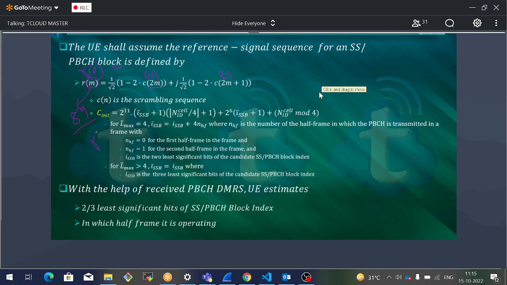For example, if you want to calculate R of 5, this becomes C of 10 and C of 11. So you require again 2 bits. Like that, if you want to calculate the last one, R of 83, that is the last one, 84 bits numbered from 0 to 83. So C of 2m, you require scrambling sequence up to C of 83 into 2.